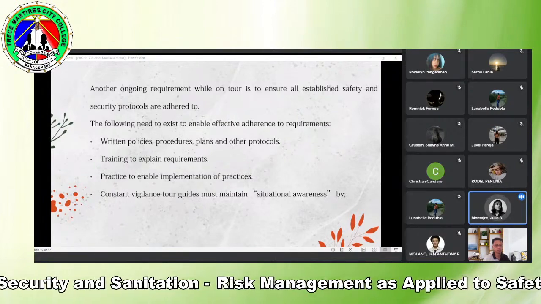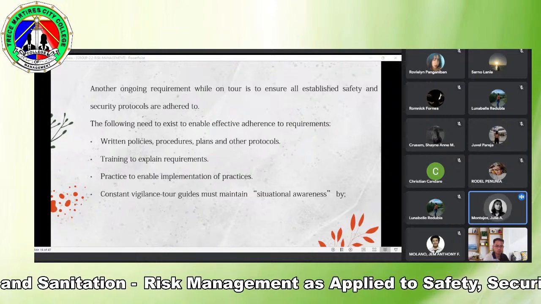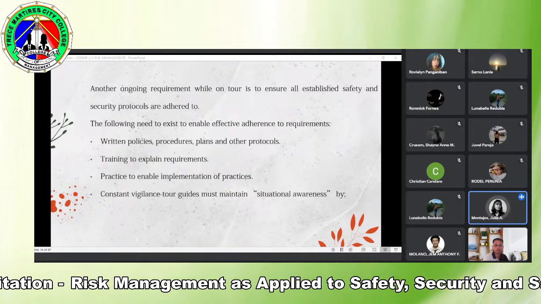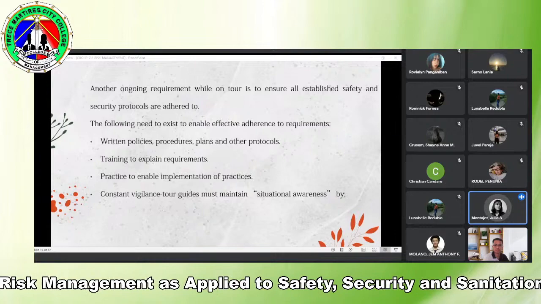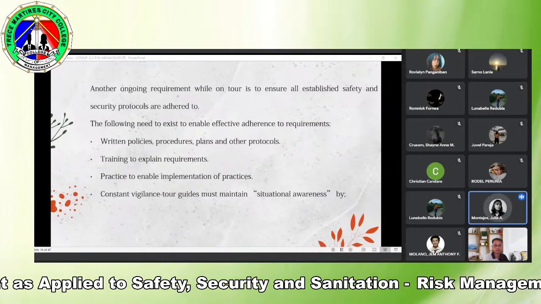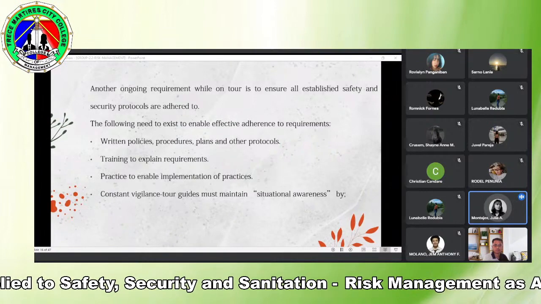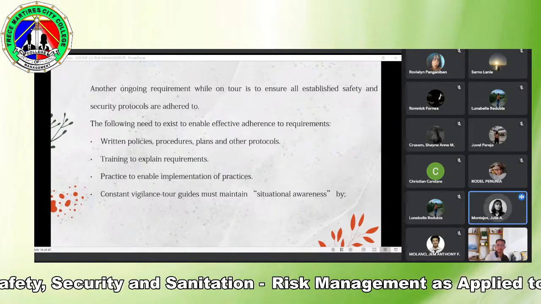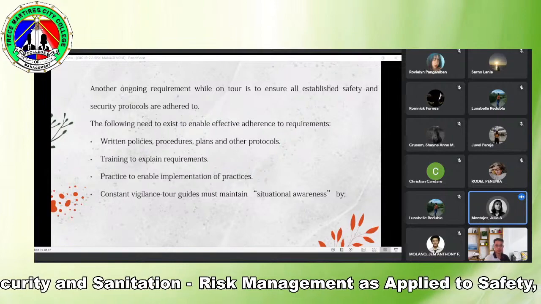For example po, yung kapag sa may lindol po, di ba nagpa-practice po tayo sa school kapag may nangyari pong ganun? Kung safe ba siya or makakatulong ba siya kapag may ganong problema na naranasan po natin.